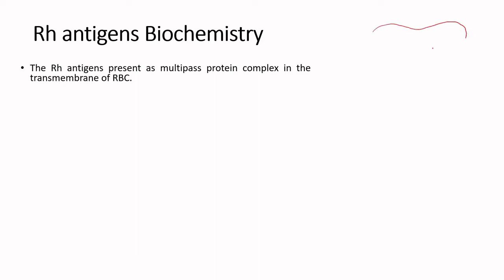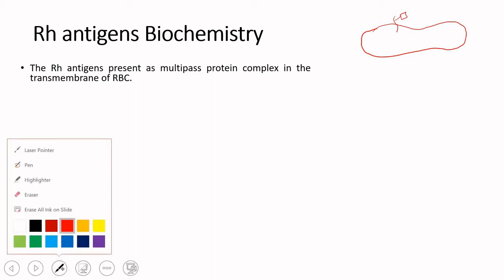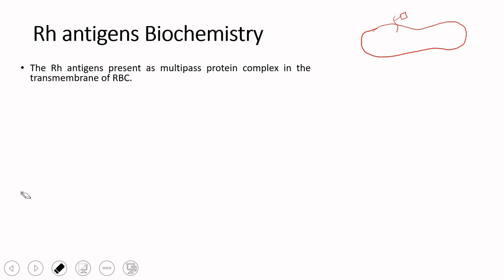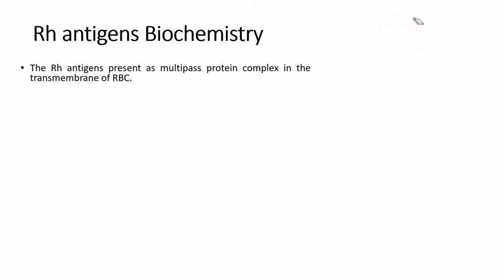Like here I will draw a picture where there is an RBC membrane, and on that RBC membrane certain carbohydrates are attached. But in the case of the Rh antigen, they are not carbohydrates but they are proteins.